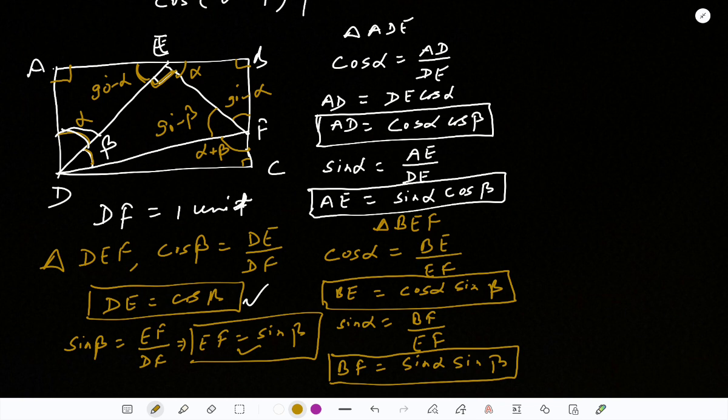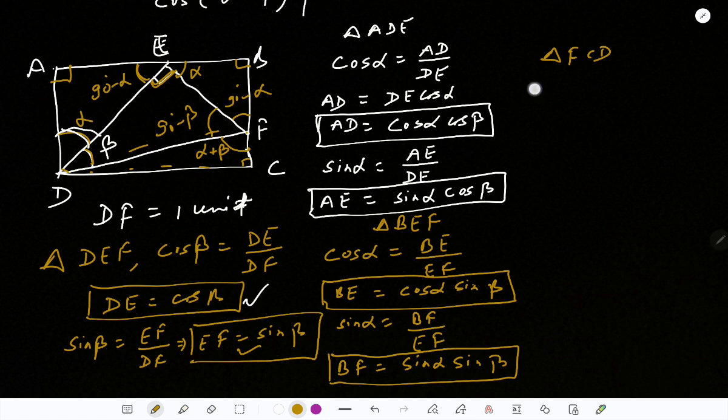And now you have to consider one more right angle triangle again, that is triangle FCD. And we have one angle, that is alpha plus beta.